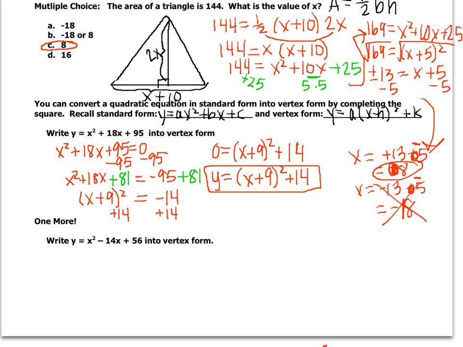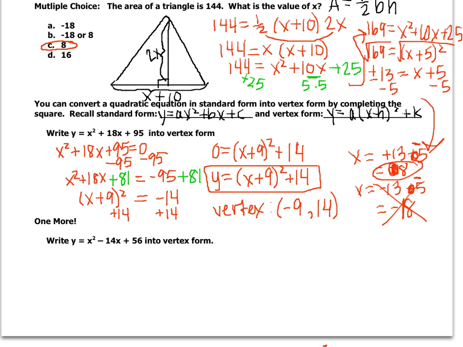That's how I can use this. Now, you should be able to tell what the vertex is here. So our vertex, well, it's x minus h, and here I have plus 9. So our vertex is negative 9, comma, and the k is at the very end, and that's 14. So our vertex of this equation would be negative 9, 14.